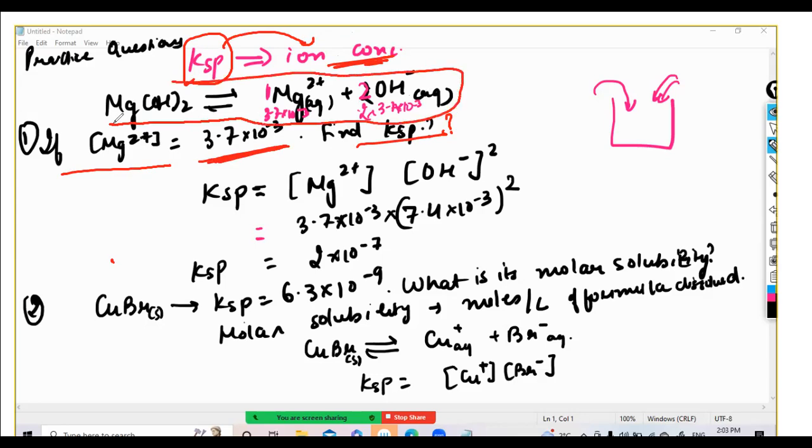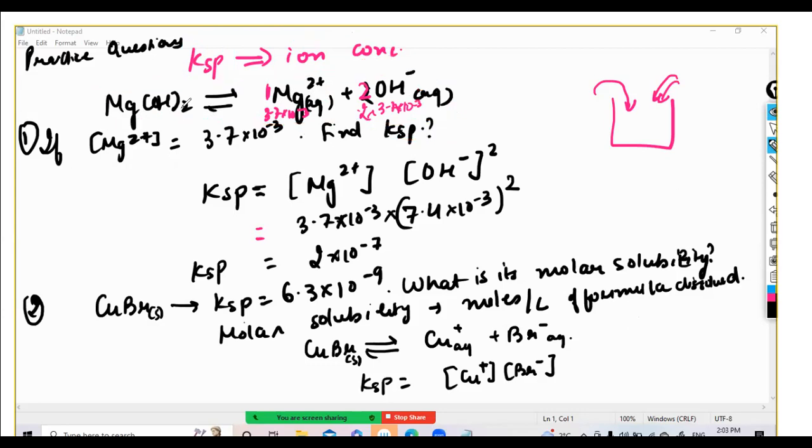Mg(OH)2 is dissociating into Mg2+ ions and hydroxide ions. If you see, Mg is 1 on both sides, so I just put 1 here, or you can ignore that as well. It's just for understanding purposes. OH is twice here, and it's 2 here as well. So things are balanced on both sides.